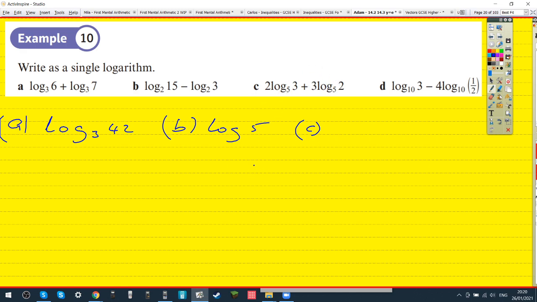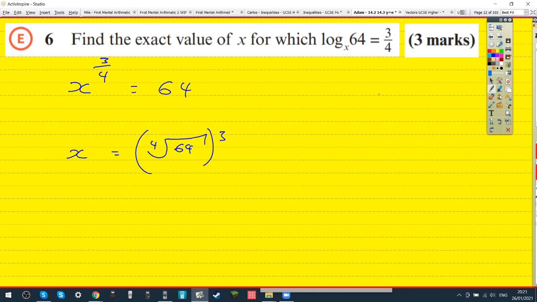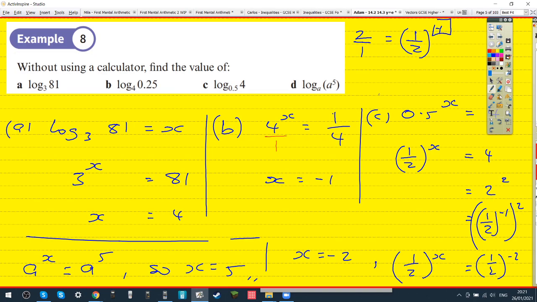The way you do that is, when do you see powers being multiplied? When they're the same. When do you see... let me go back. Yes. Remember this one where we got to the minus 2? Yeah. We multiplied them. Yep. Why was that?